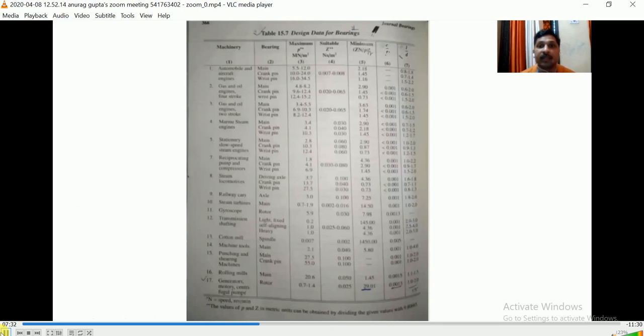In the fifth column there is a minimum ZN by P, and I have told you earlier that this minimum ZN by P is nothing but 3 times the bearing modulus, because in the standard condition we want our bearing characteristic number to be 3 times the bearing modulus.